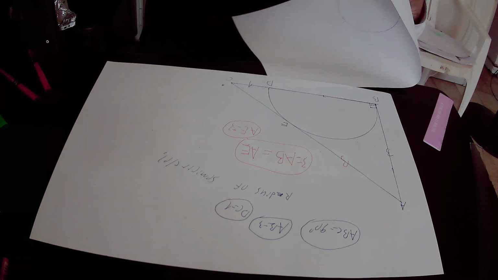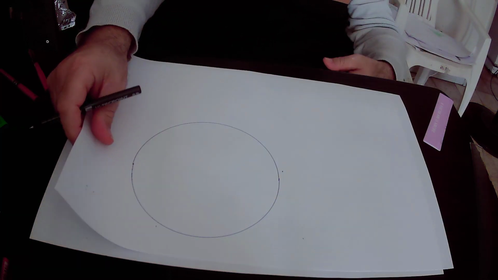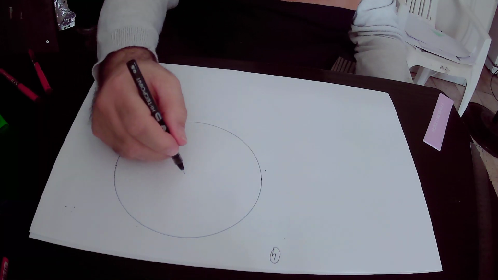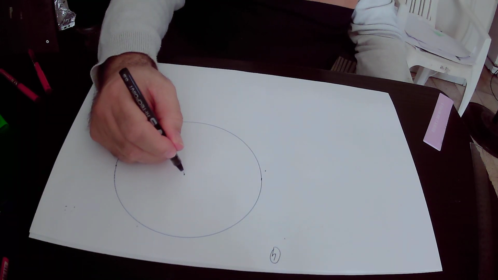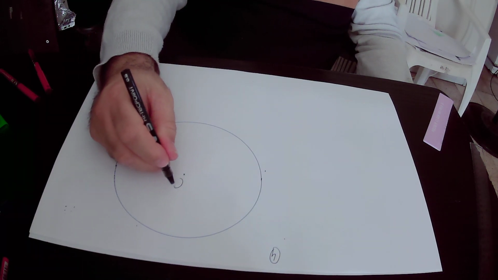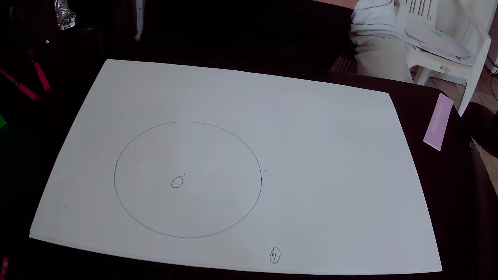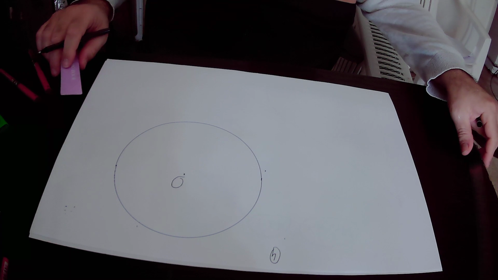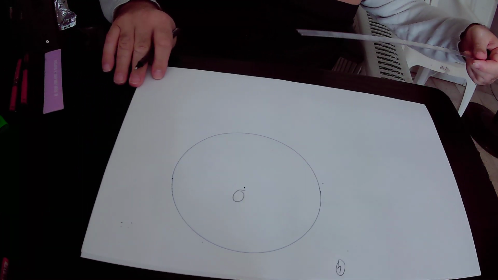suppose that you have a circle and the center of this circle will be defined as point O, and we also have a tangent.